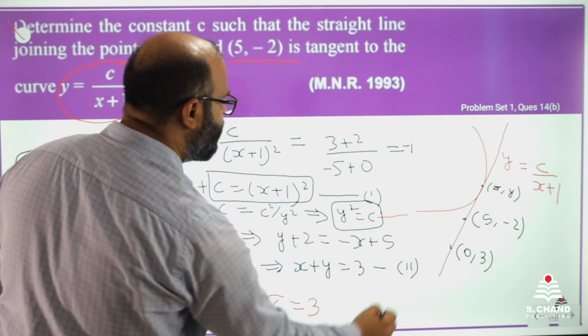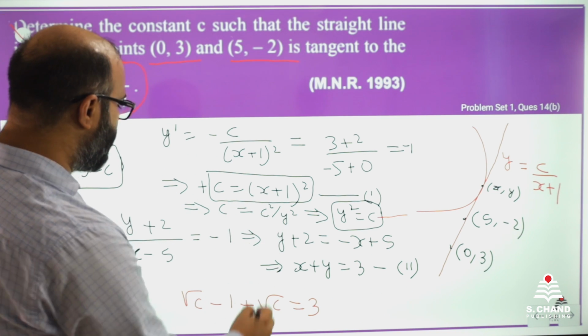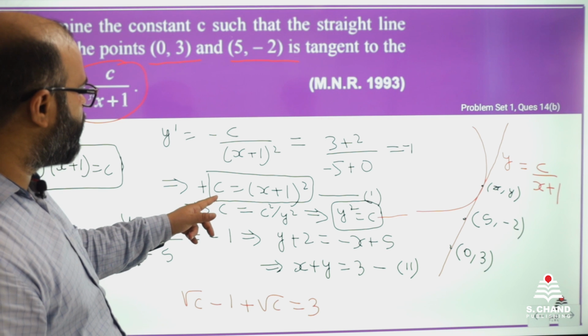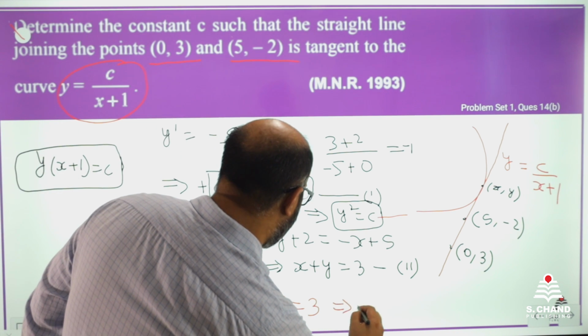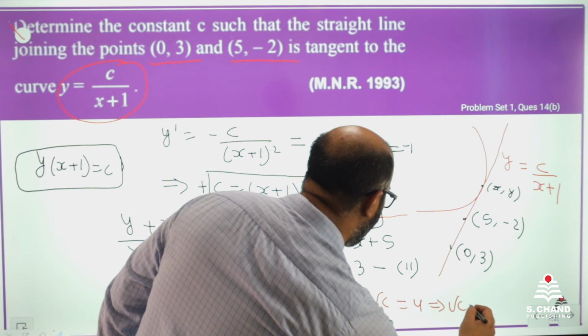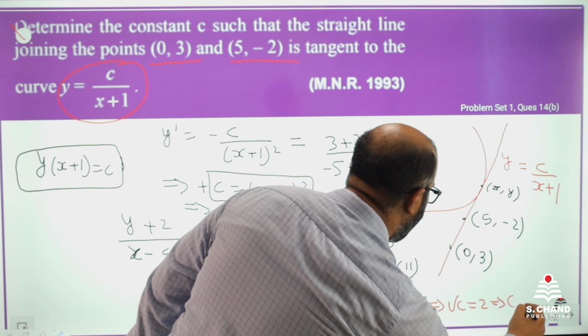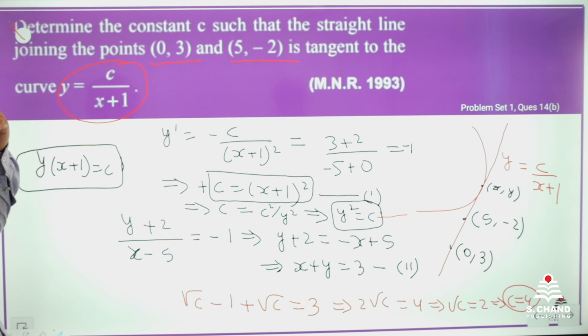From here root over c is y, and from here root over c is x plus 1, so x is root c minus 1. Now here we get 2 root c is equal to 4, which means root c is equal to 2, which means c is equal to 4. So this is the value of c, which is equal to 4, which will satisfy this condition.